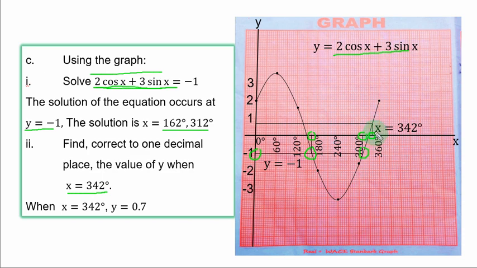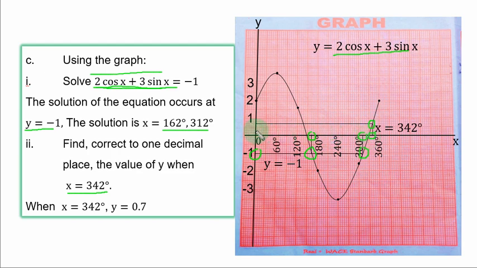You trace it to meet the curve at this point, and you trace to the y-axis. From 342 you trace it to meet the curve. Now if you trace downward, it cannot meet the curve, so wisdom demands that you trace it upward to meet the curve.